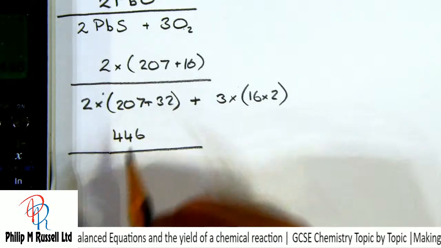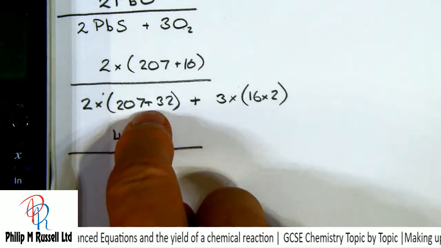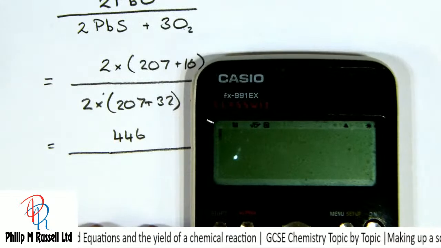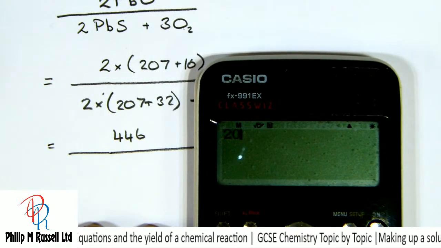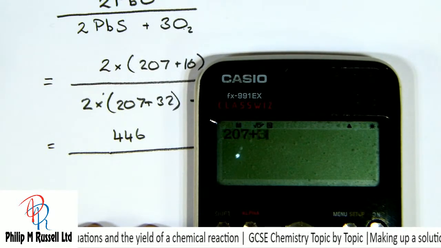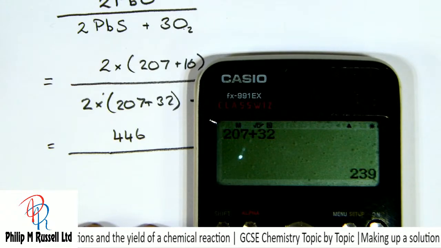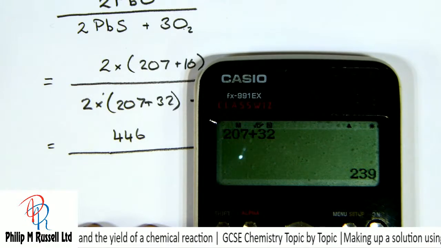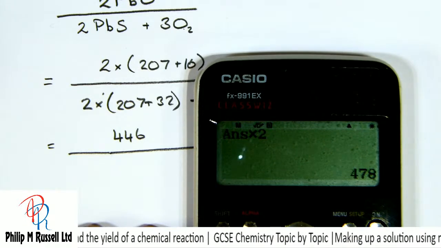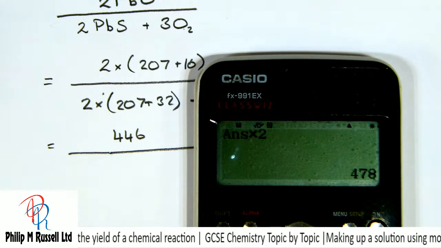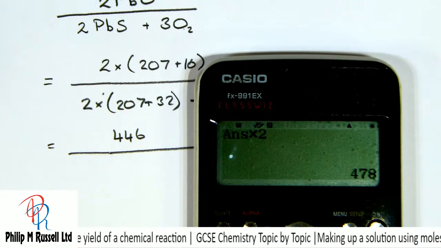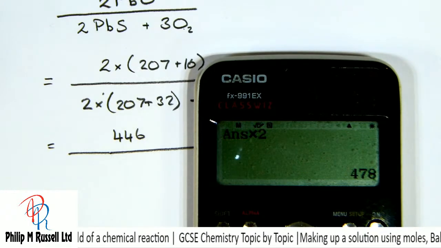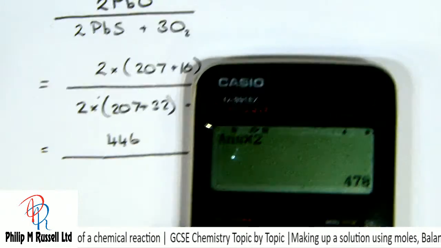That's going to be over my lead sulfide, which is going to give me 207 plus 32, which is 239 here, times 2, which is 478. I can't read.